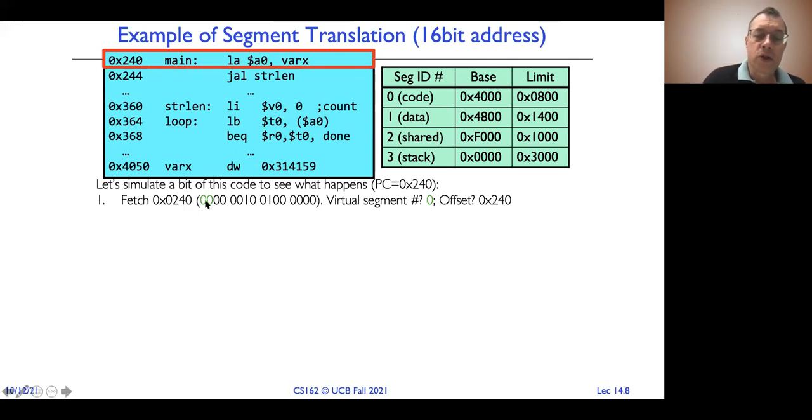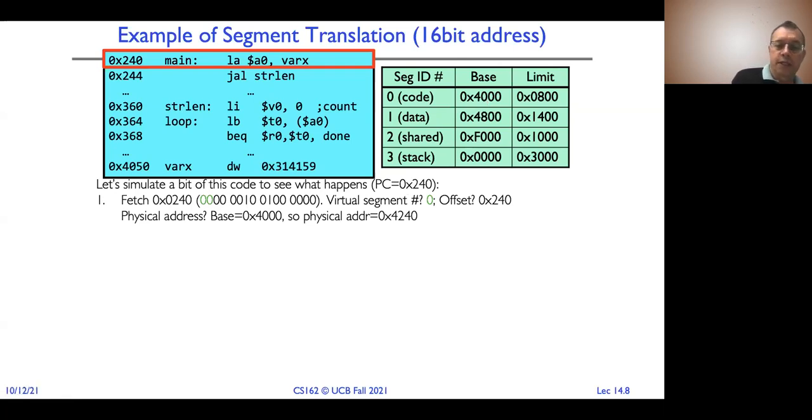The virtual address is 0240, like we discussed, and here is the binary representation of the address. The first two bits are 0, so the segment number is 0. In order to translate virtual address 240 to a physical address, we need to add the base address corresponding to the segment.